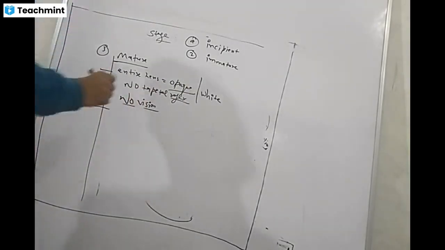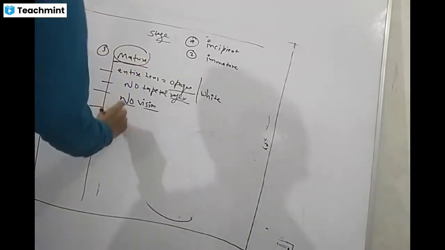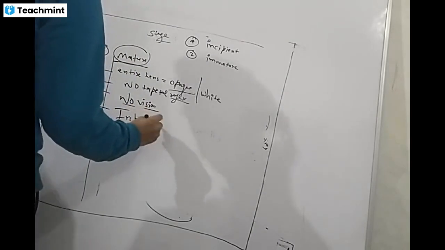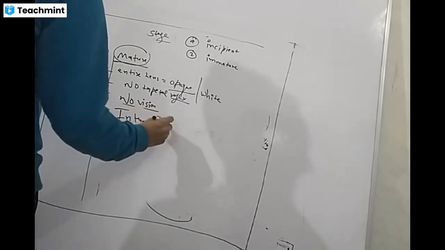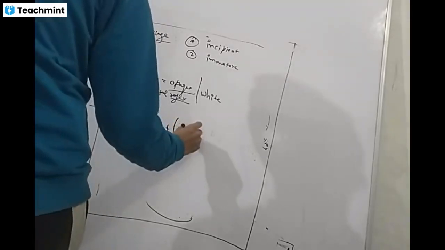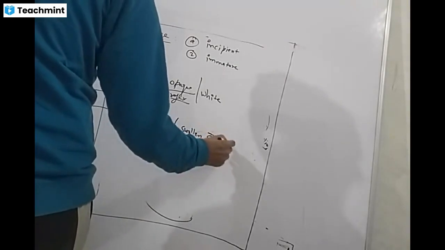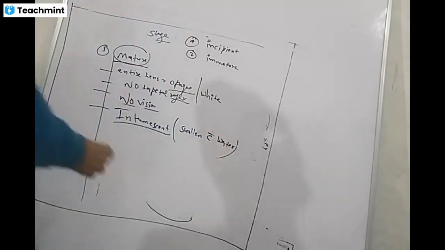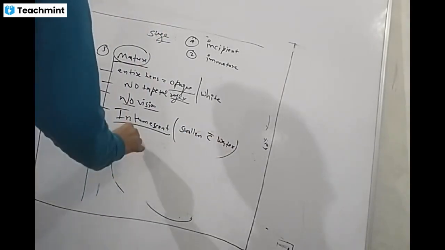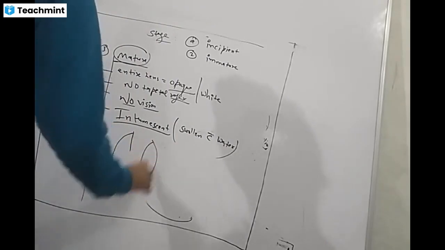The most important feature of the mature cataract is intumescence. Intumescence means swelling of your lens with water. This is the cornea, this is the iris, and this is the lens.